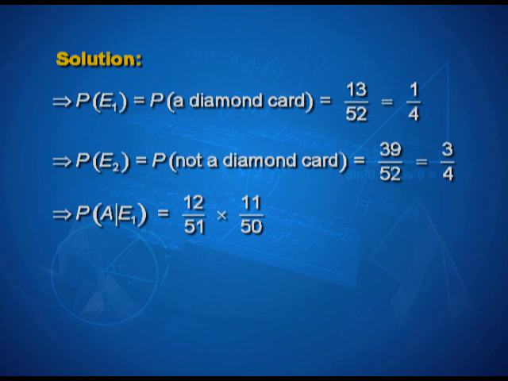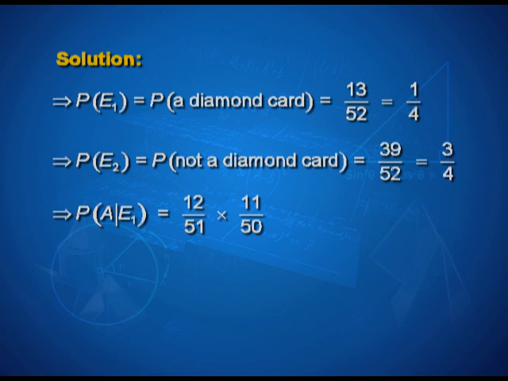Probability of A given that E1 has happened. So, 2 diamond cards knowing that a diamond card was lost is same as, because 1 diamond card lost, there are 12 favorable, total is 51. The second card, since first was a diamond, will again have 1 less.